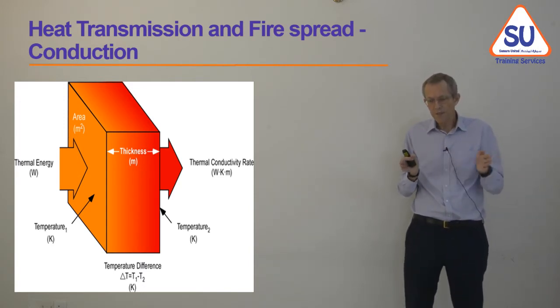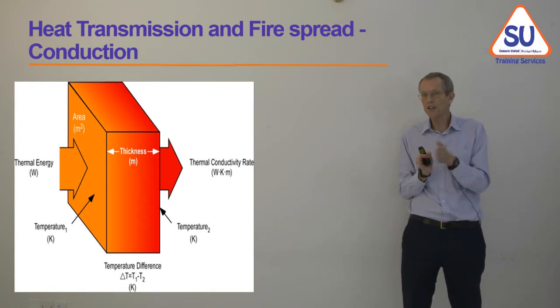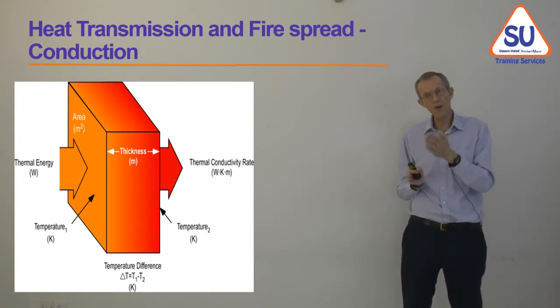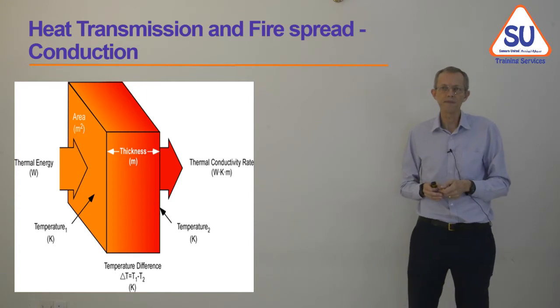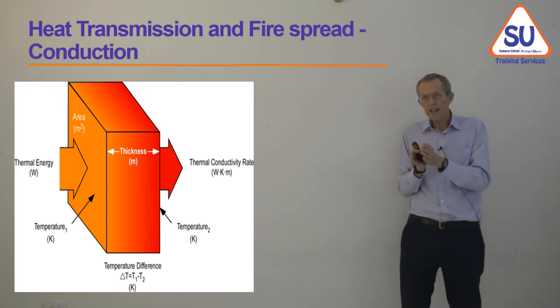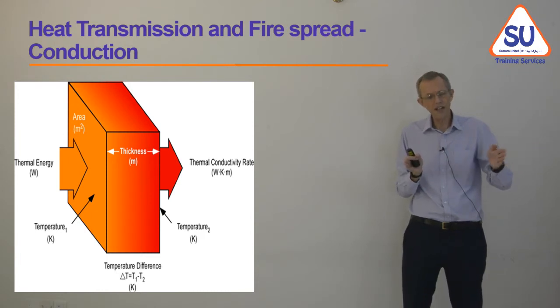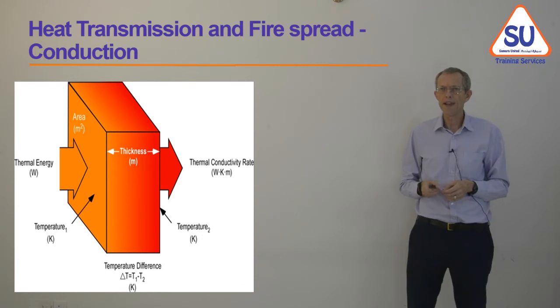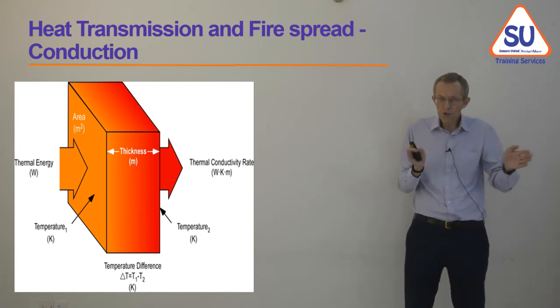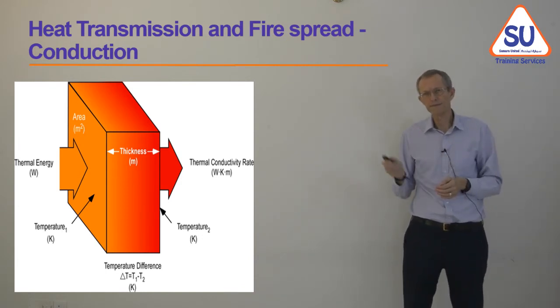If it's metal, the heat will come through quickly because metal conducts heat well. That's why we have metal saucepans, for example. But if it's concrete, it will take a long time for the heat to come through, and it will resist the fire for a long time. So conduction, heat through something.